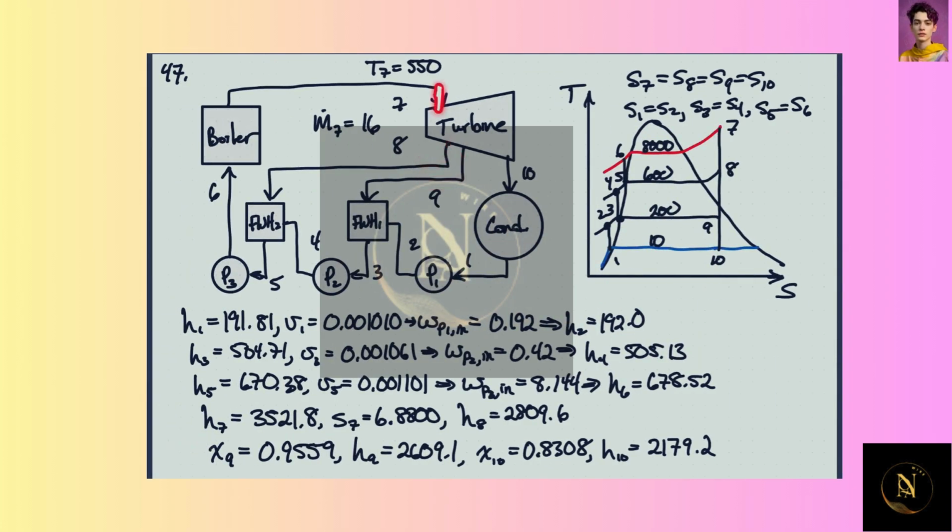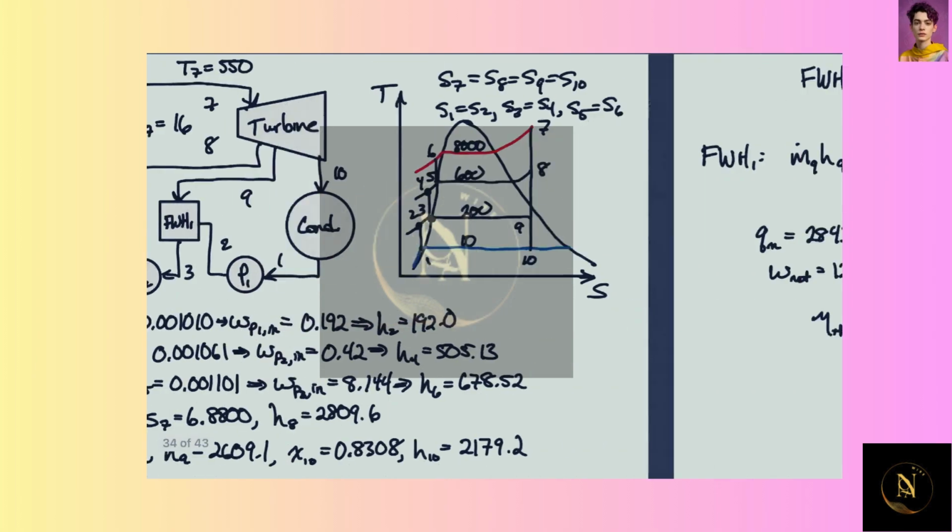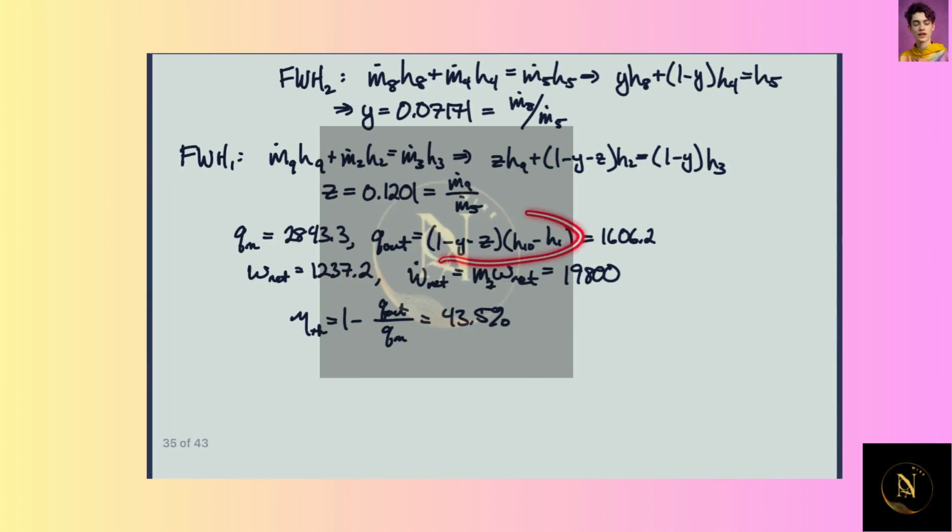And so if this is 1 and this is y and this is z, then the ratio of the masses here is 1 minus y minus z. And then the change in enthalpy there. So we get the heat transfer out in the condenser. So then we can get the net work is this minus this.